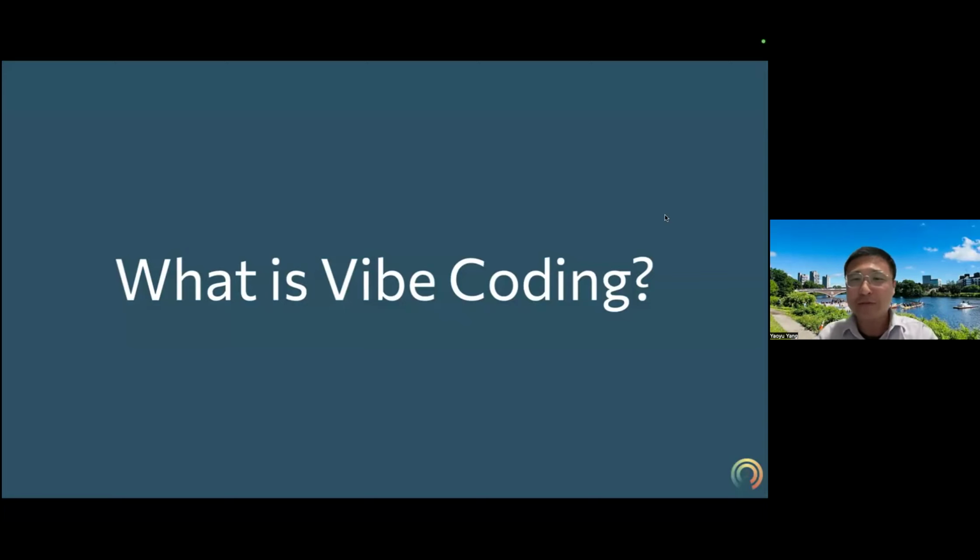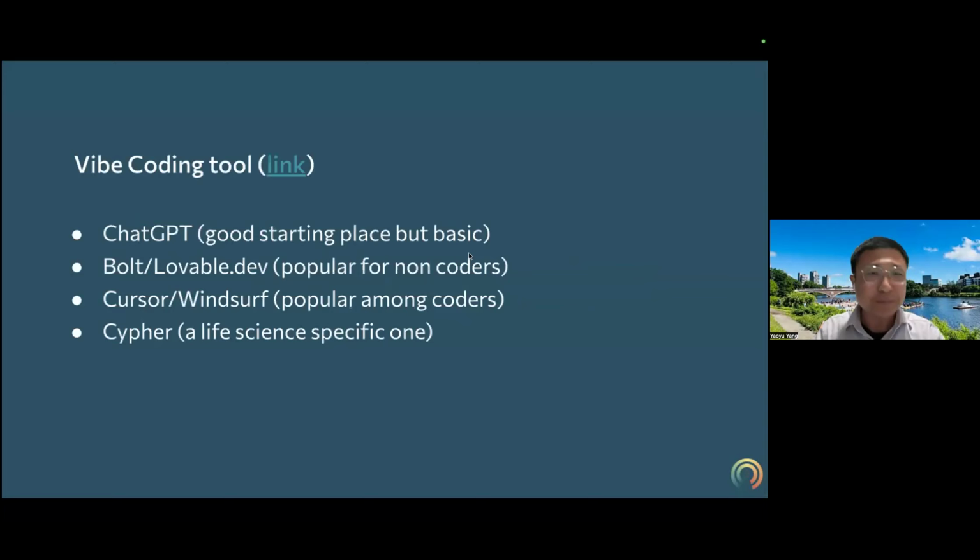It will be a little bit easier for me to explain all the technical terms. So there is a list of common vibe coding tools, including the following. I threw this on the list: ChatGPT, most people have used it before. It's a really good starting place, but very basic. Then there are a lot of tools called Bolt and Lovable.